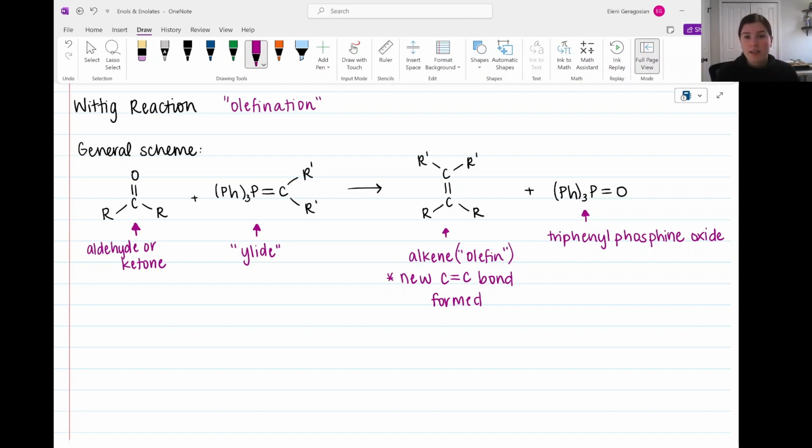So this is a very stable and very soluble product, and so its formation is the driving force of this reaction. The two starting materials are forming this really stable triphenyl phosphine oxide. So formation of this is a driving force.